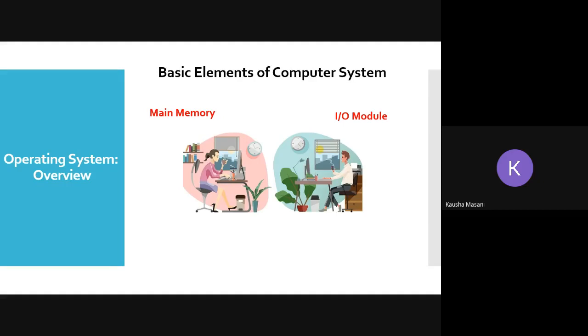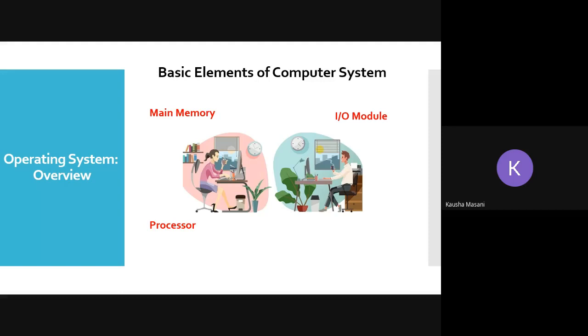The third category is your processor. Now this processor is responsible for two things. If we create a flowchart, one is your CU, that is your control unit, which controls all the operations.